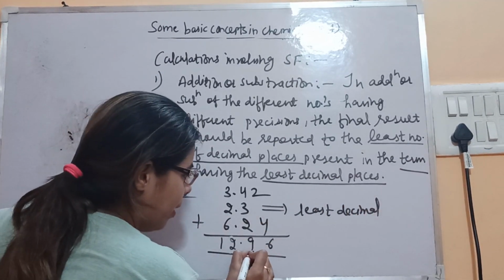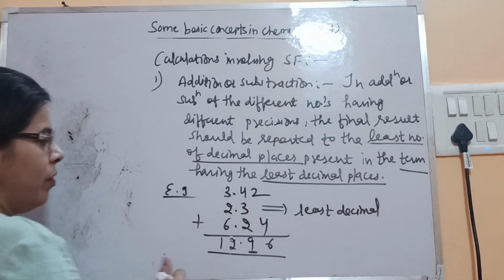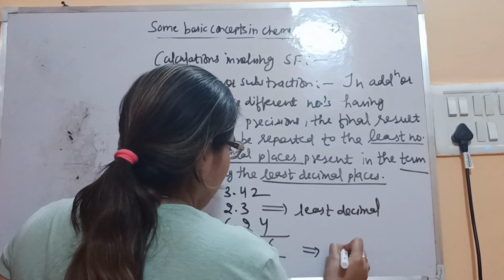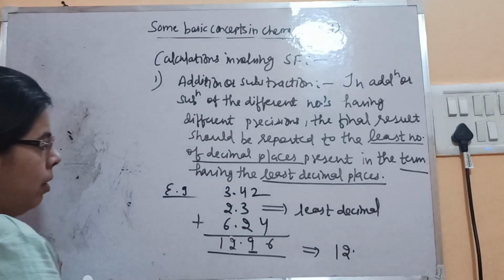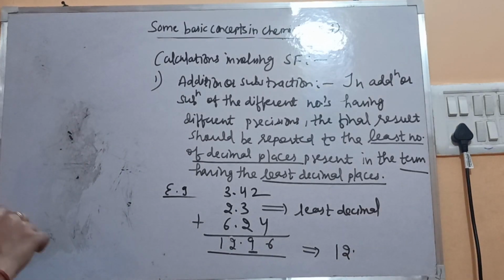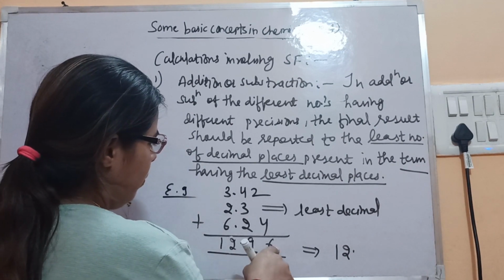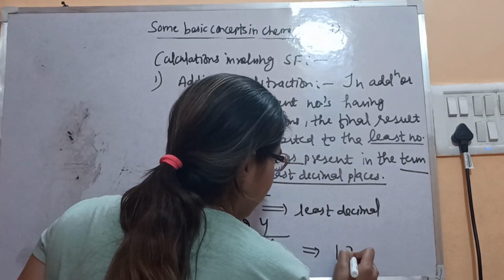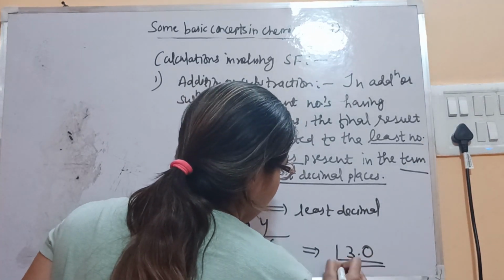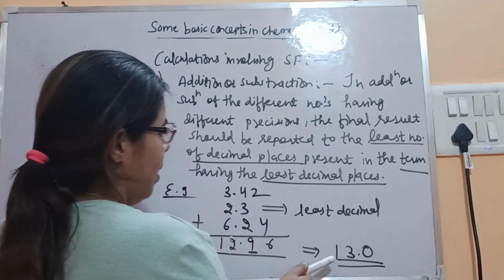So we don't require this 6, and our answer is 13.0. Answer is 13, up to the least number of decimal places.